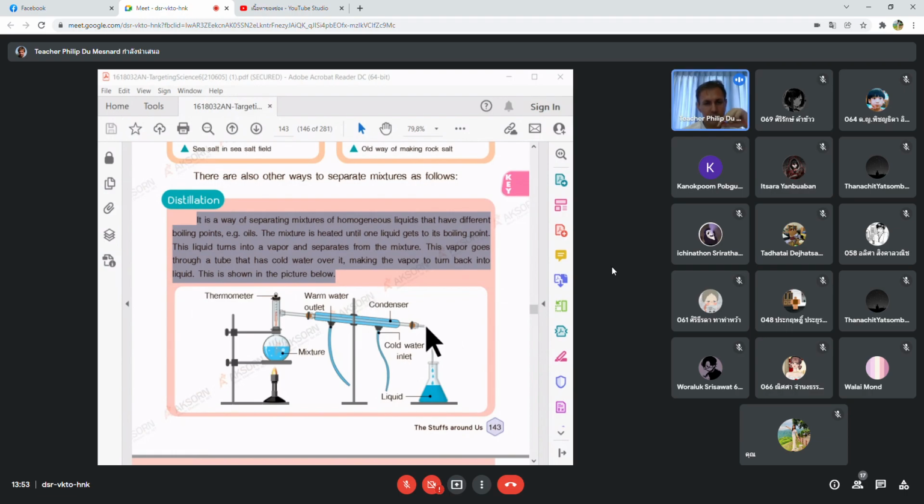Hand picking is the most easy. Hand picking is like this. I have magnets. Now, what is the difference in properties between these magnets? Class, do you think some are small, some are big? What do you think?